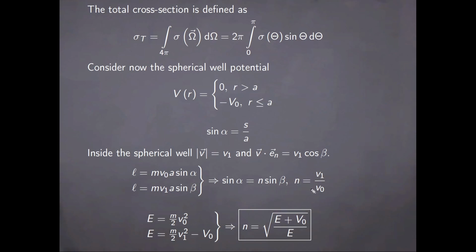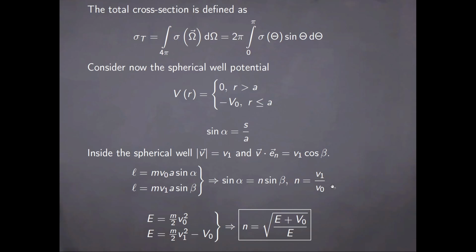And since we have obtained its value as the ratio here, this can be solved further using the conservation of energy. So the energy of the particle must be the same whether we are discussing the region outside or within the sphere. So putting these things together, it follows that the refraction index is given by the expression here.